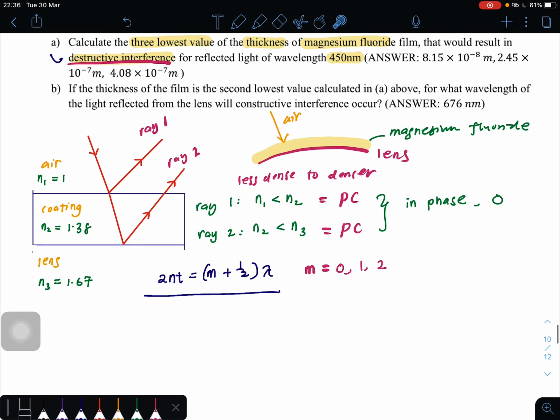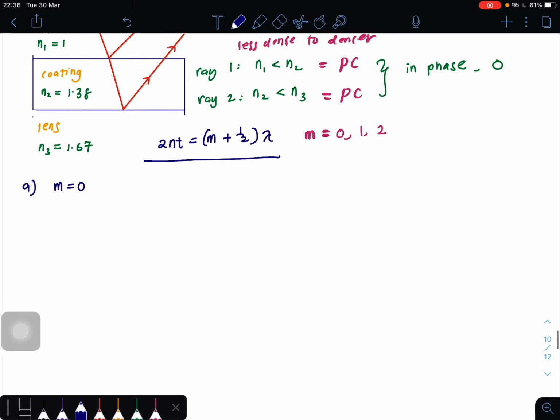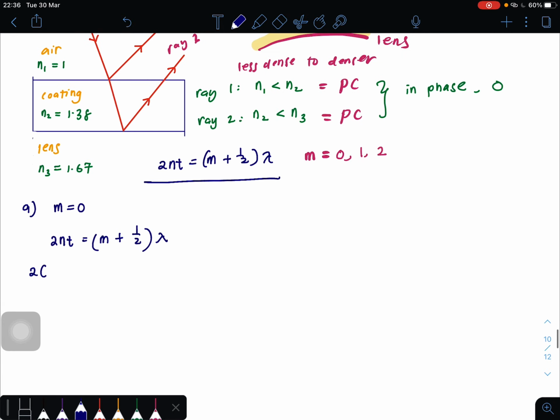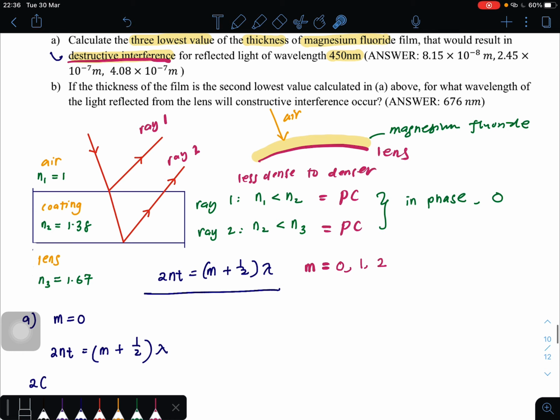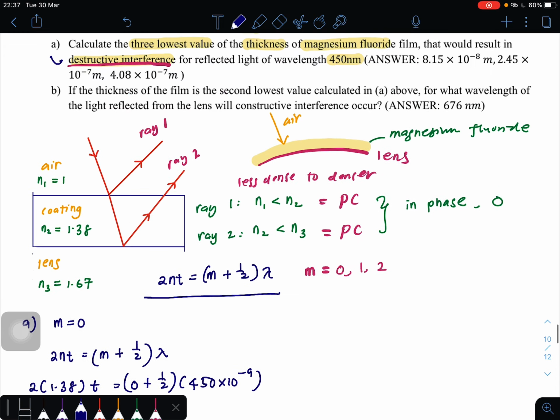Okay, so now let's do the first one, where m is equal to 0. So 2nt is equal to (m plus 1 over 2) lambda. The n we use is for magnesium fluoride, because it asks for the thickness of magnesium fluoride, which is here in the middle. So 2 times 1.38 times t, and then m is equal to 0 plus 1 over 2, and lambda is 450 times 10 to the negative 9.